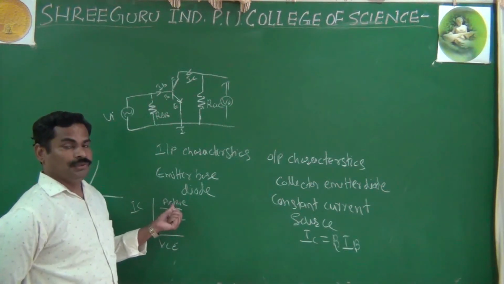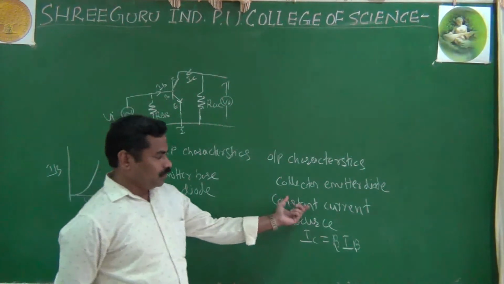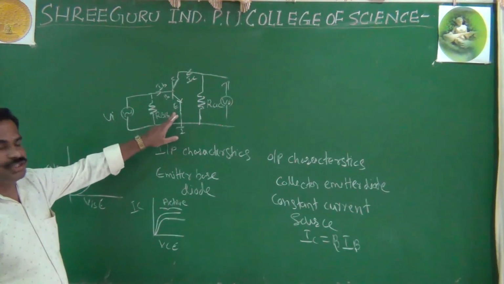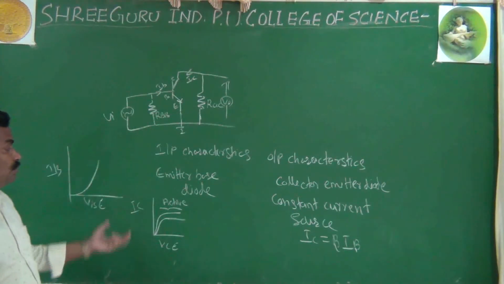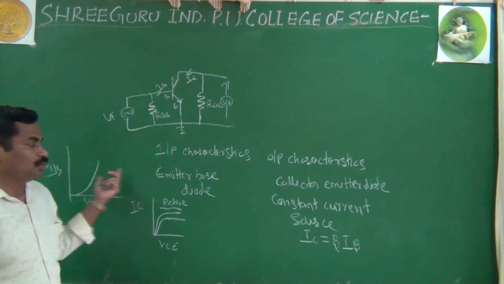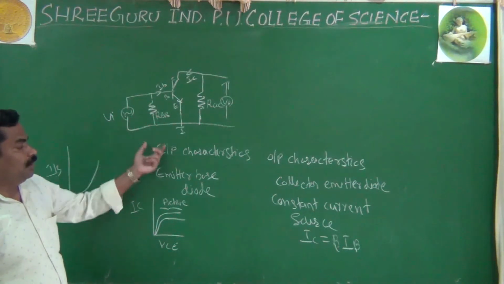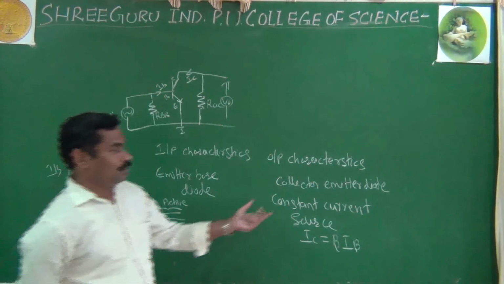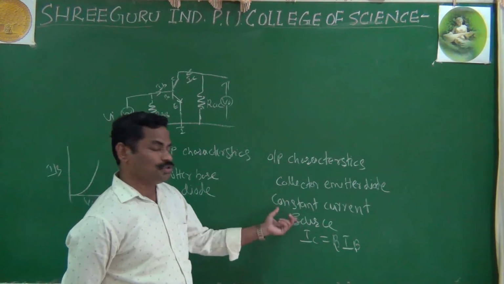You are using this property, and you can go for the transistor equivalent circuit. By using these two input-output characteristics, you get some knowledge that your emitter-base section acts as a forward bias diode, and your collector-emitter or output section is a constant current source.